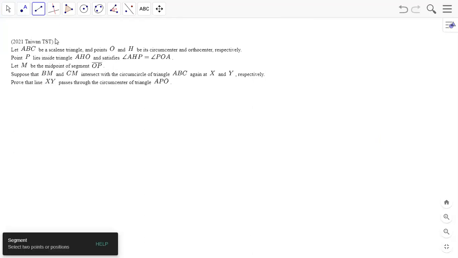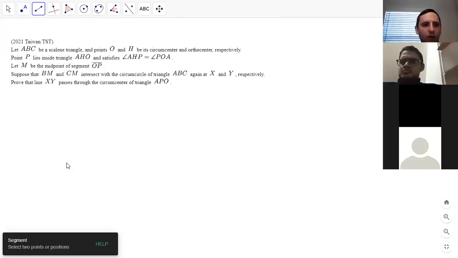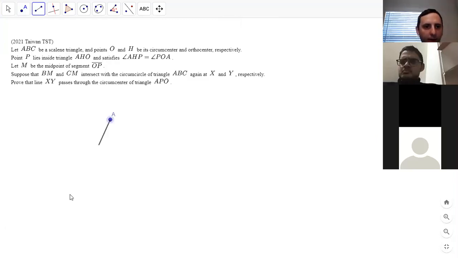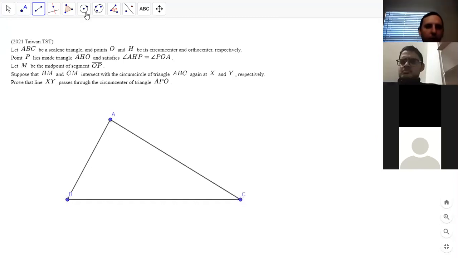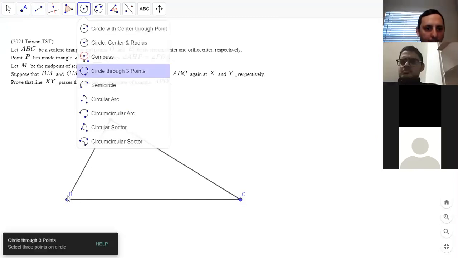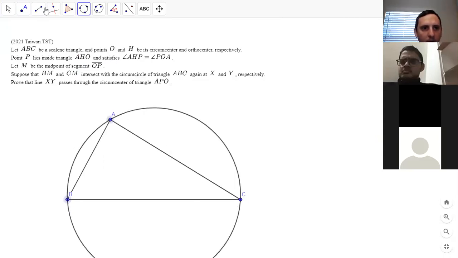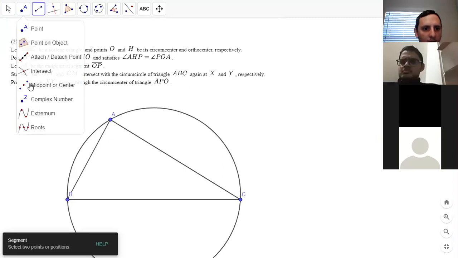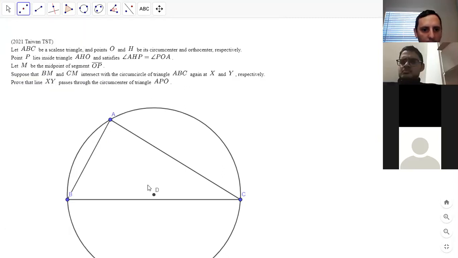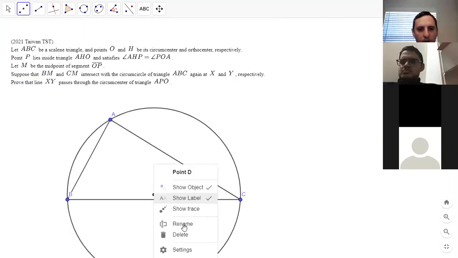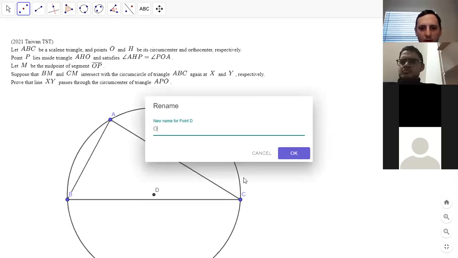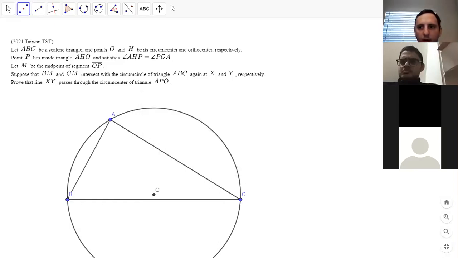Let's see. So we have a scalene triangle ABC, and we have the orthocenters O and H. I'm sorry, circumcenter and orthocenter. Okay.